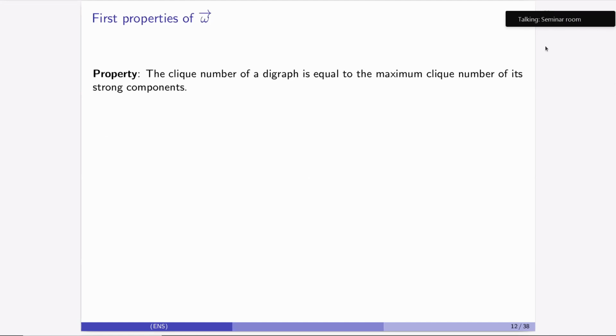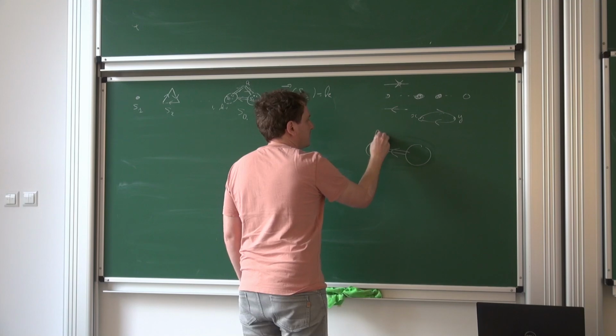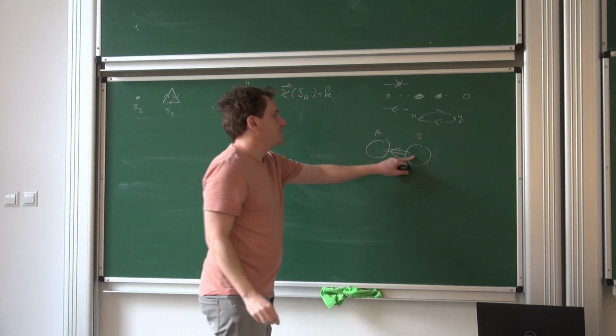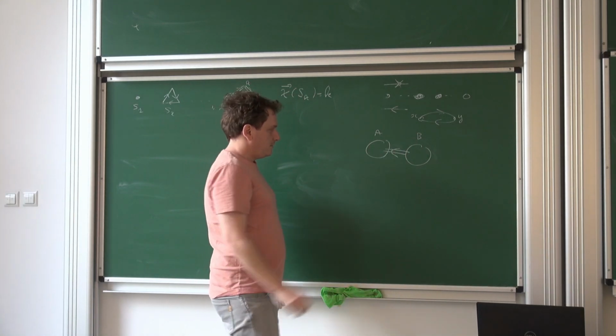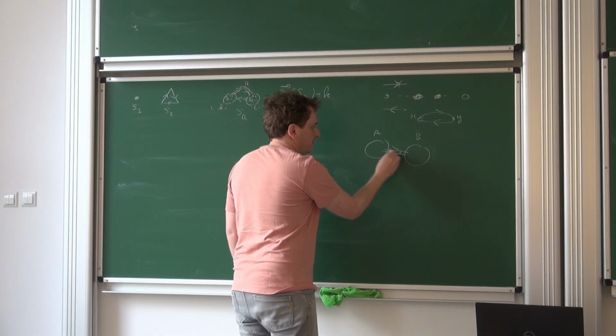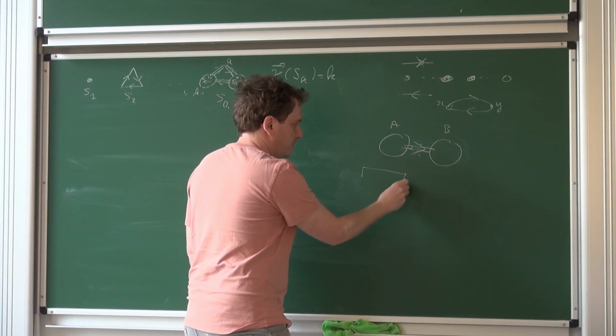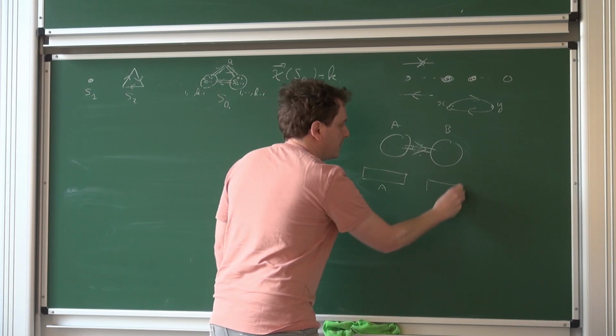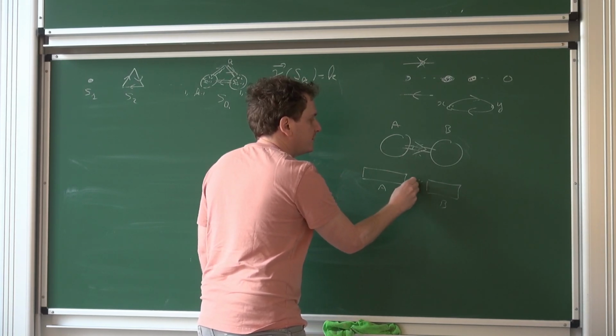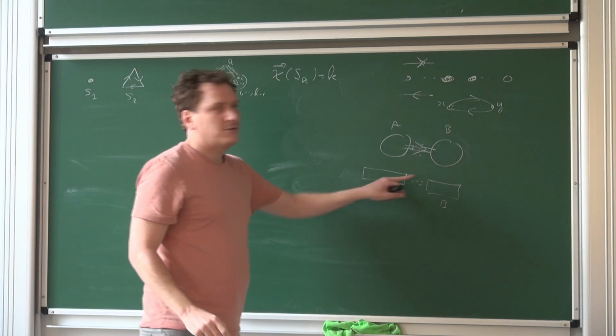Okay, the first very easy property of clique number: it behaves on strongly connected components as the clique number behaves on connected components. If I have, say, 2 strong components A and B, so that every arc goes from A to B, then I can first put the vertices of A, then the vertices of B, and in the backedge graph there is no edge between those two.